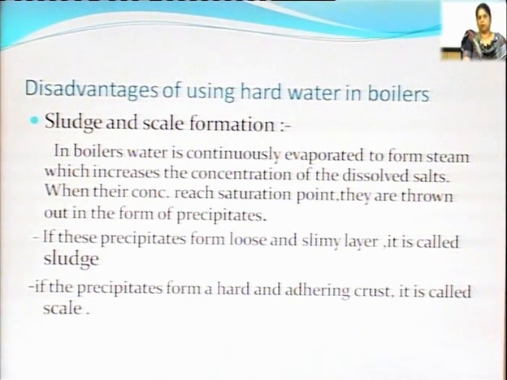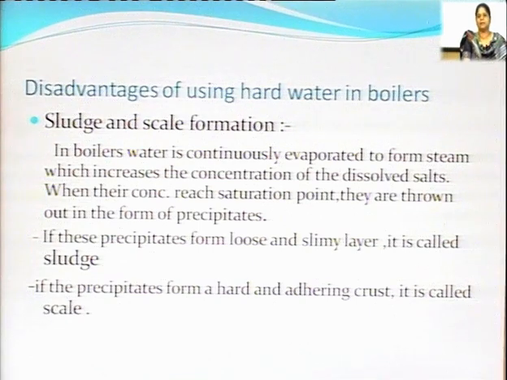When hard water is boiled continuously in boilers, the evaporated water forms steam, which increases the concentration of the dissolved salts. The water is evaporating continuously, and when the concentration of the dissolved salts increases and reaches a saturation point, these salts are thrown out in the form of precipitates.